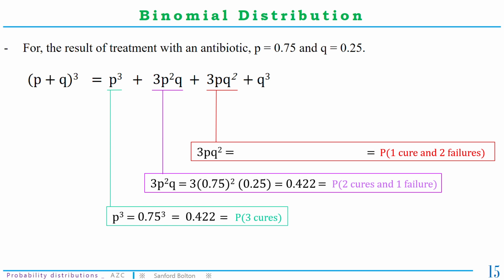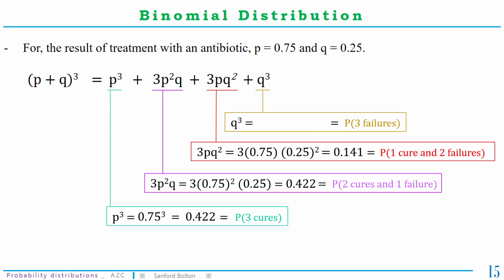3PQ squared is actually the probability of 1 cure and 2 failures. So, identify the probability of 1 cure and 2 failures. The probability of 1 cure and 2 failures is 0.141.